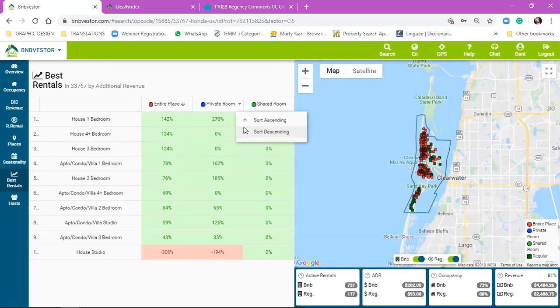If we take a look into the private room as well, we can go from a house of 1 bedroom until a condo, apartment, condo, villa of 3 bedrooms. I mean, you can even stay at 2 bedrooms and you will still have a 65% additional revenue. Not as high as the other, but it's actually very good once you do start in your business.